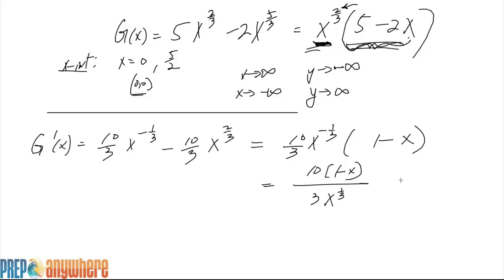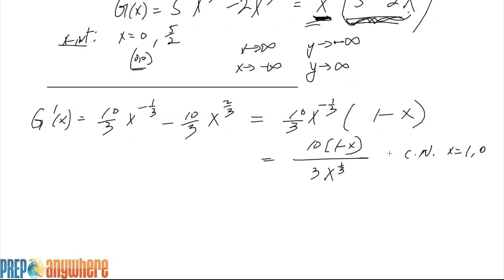Okay. So the critical numbers are x equal to 1 and 0. And I want to know when this is positive. It's going to be positive when 1 minus x over x is positive, because x and x to the power 1 over 3 will have the same sign.